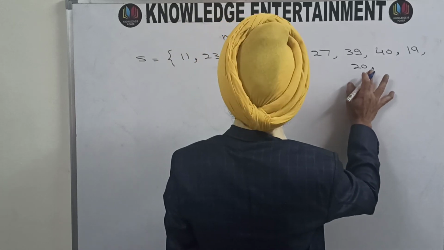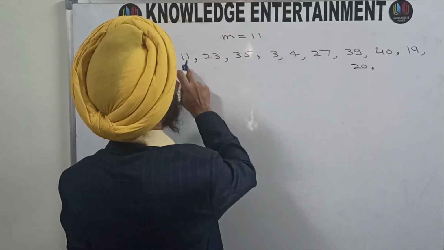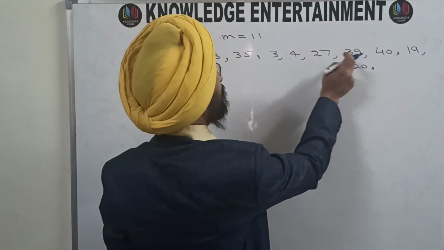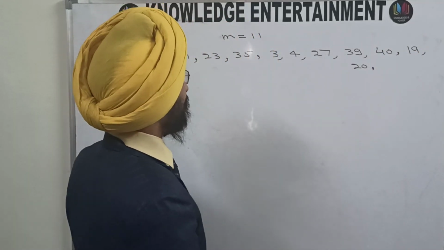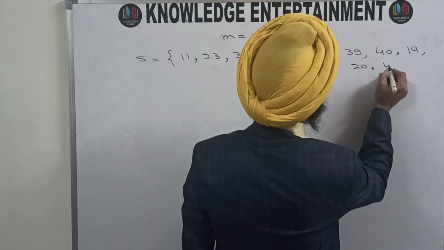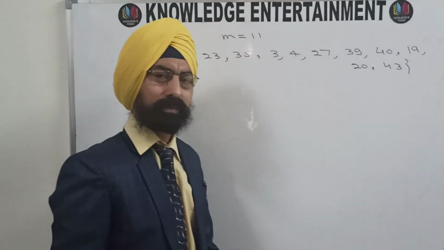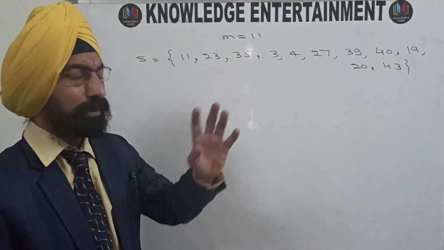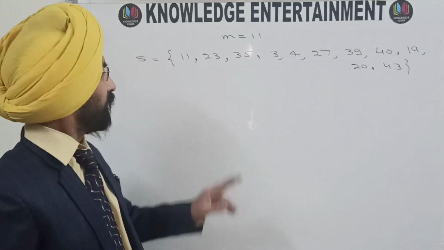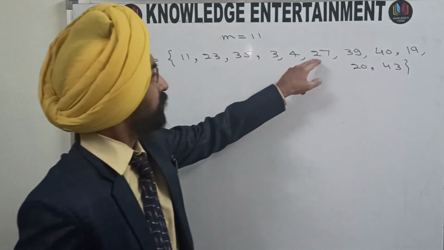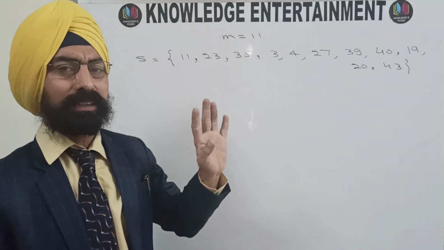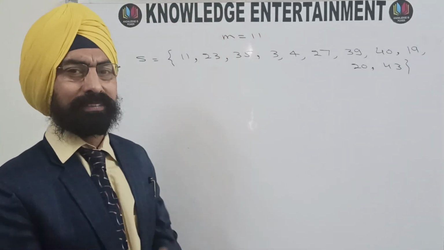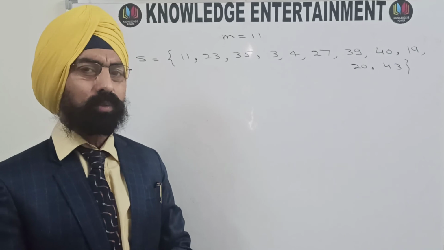This set I have written 20, and one more. How many elements are there? 1, 2, 3, 4, 5, 6, 7, 8, 9, 10. One more is required, so I am writing 43. How many elements are there? 1, 2, 3, 4, 5, 6, 7, 8, 9, 10, 11. And we are dealing with modulo 11. So one thing is okay, it is having 11 elements.